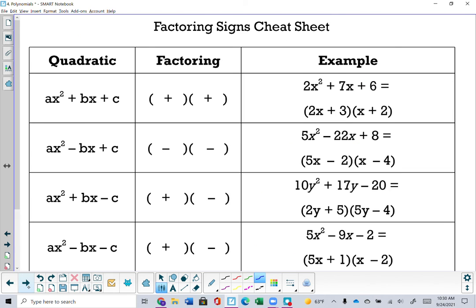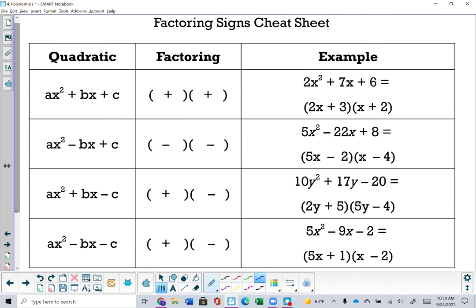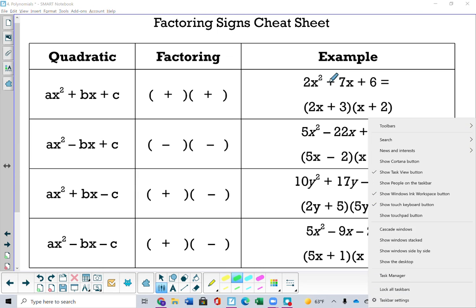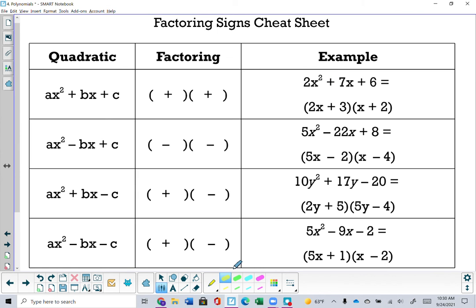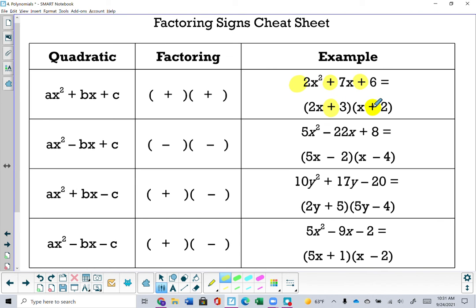All right. So when you're factoring, this is just a little cheat sheet for your signs. When you have a quadratic with plus and plus, and of course, we're going to assume our A values are always positive. If it's not, we're actually going to factor out a negative something. So plus and plus, when we're factoring, we're getting plus and plus.